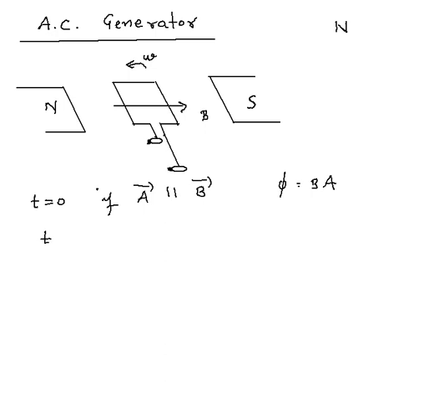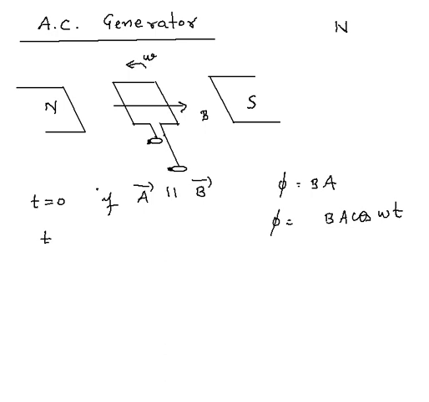So now flux will be BA cos theta, where theta is the angle between the area vector and the field vector, and that angle is omega t. I hope this logic is clear. If the coil turns by theta angle, then the area vector, its normal, also travels by theta. Both travel by theta.